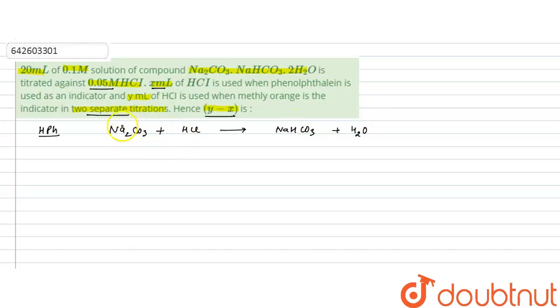It means the half equivalents of base will be equal to the equivalents of acid used, or we can say milli equivalents, as the volume is given in milliliters, so half milli equivalents of Na2CO3 would be equal to the milli equivalents of acid.